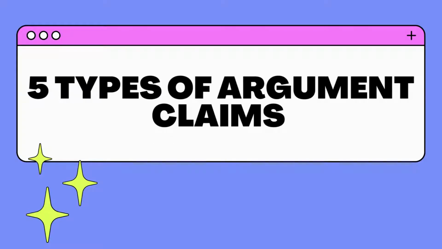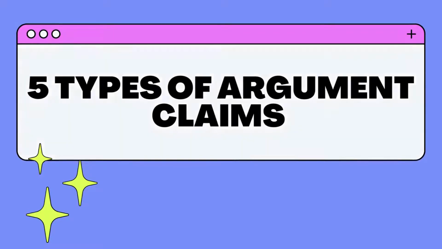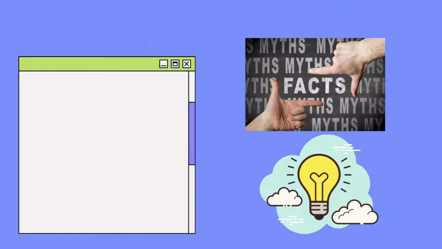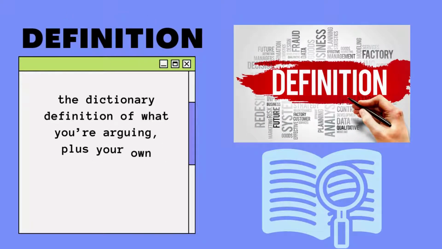Now let us learn the 5 types of argument claims. First is fact, whether the statement is true or false. Next is the definition, the dictionary definition of what you're arguing plus your own personal interpretation of it.